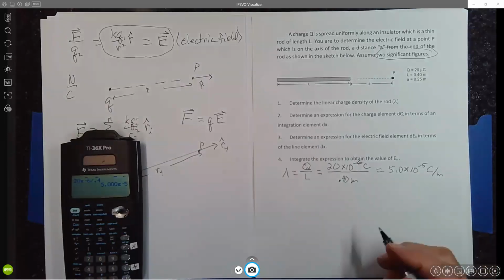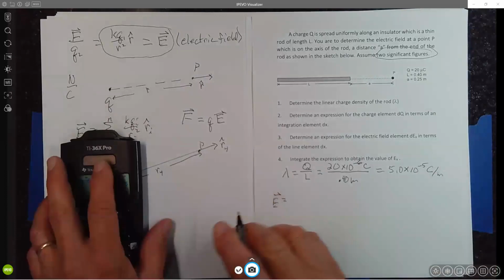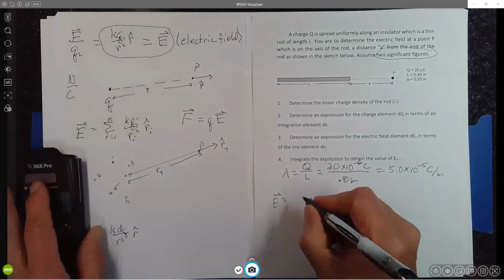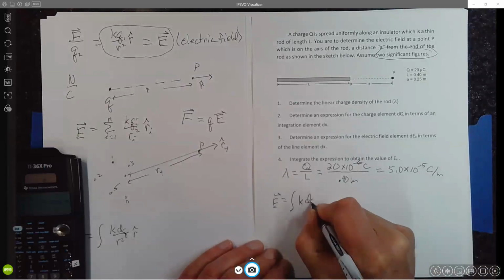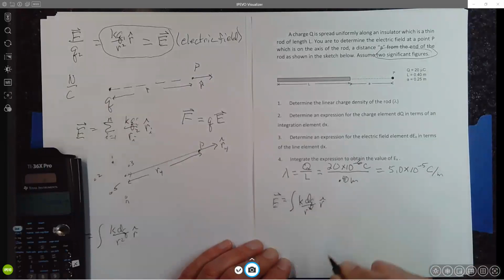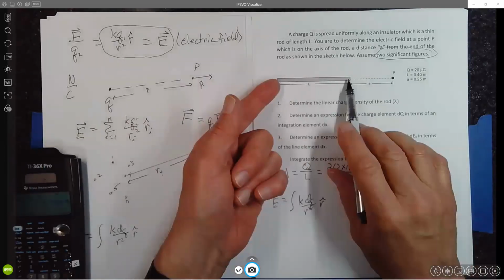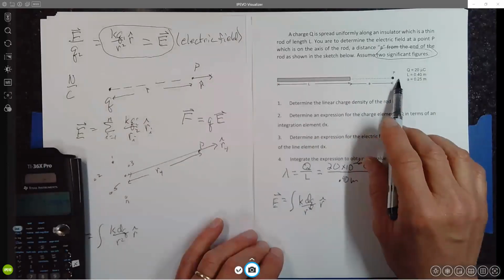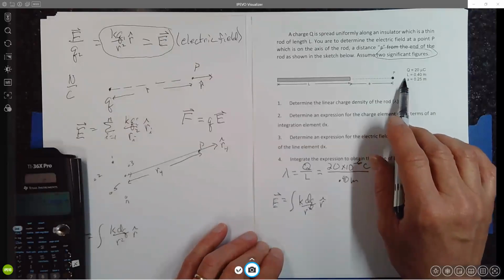Okay, the electric field in this case, E, is going to look like an integral of k dq over r squared along r hat. Now, from all of our field elements through P, our unit vector is going to point in the same direction all the time.